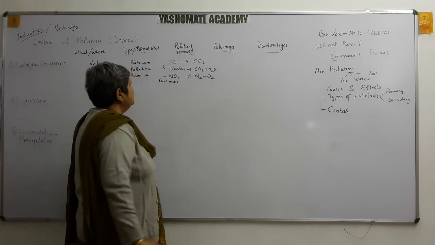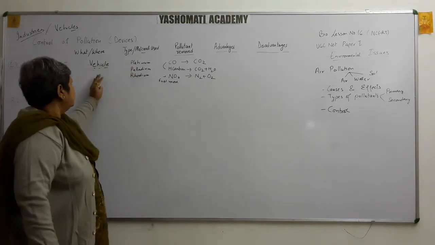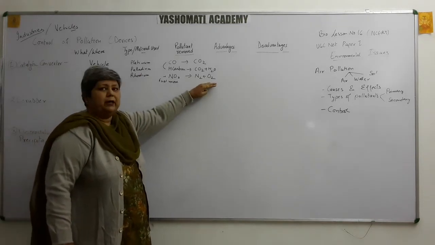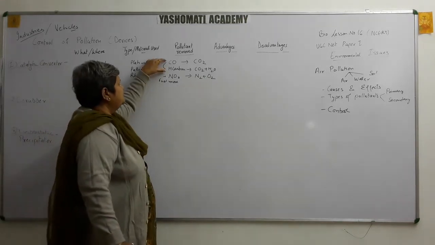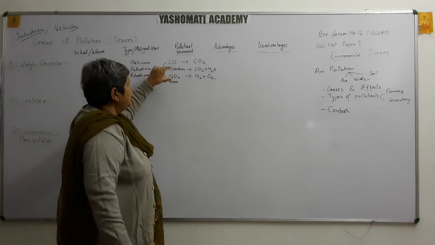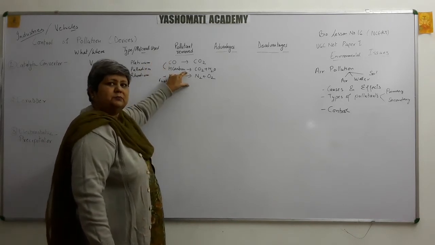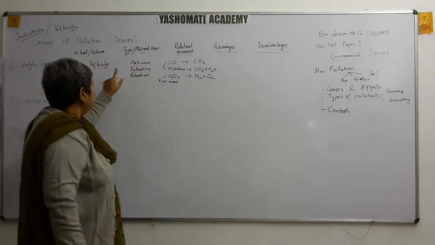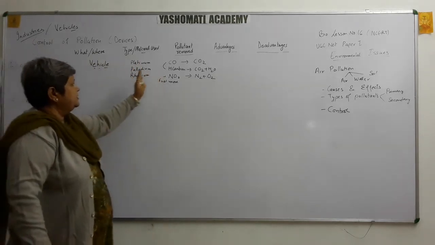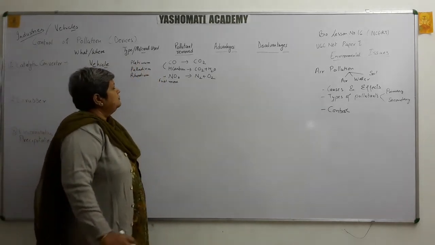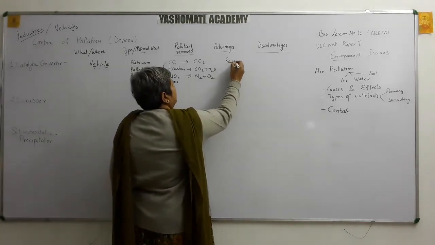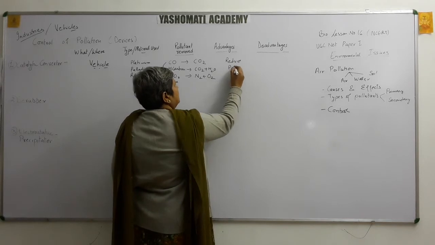So, that means in this type of device the efficiency is never going to be 100%. Either these two reactions are proceeding at a faster rate or this reaction is proceeding at a fast rate. But of course, this is reducing the pollution. So, what will be the advantage? It will be reducing the pollution, right.